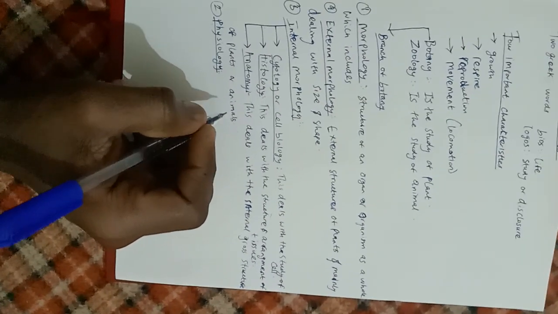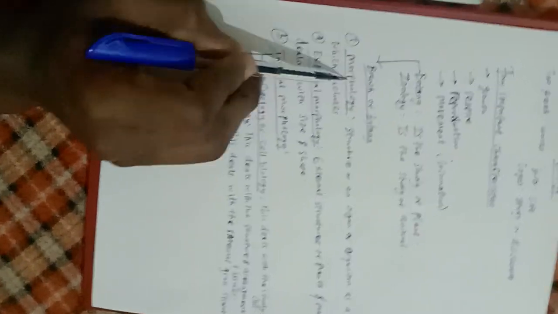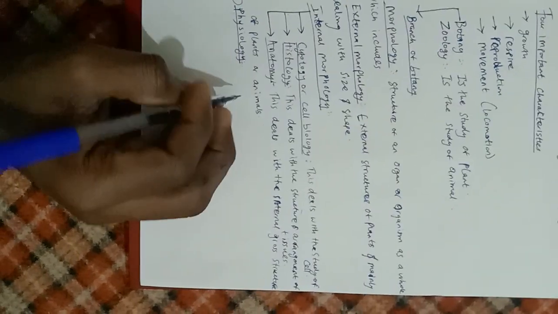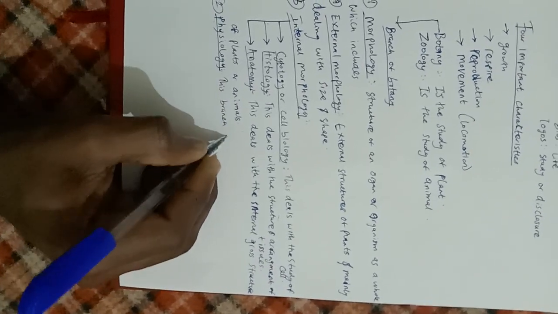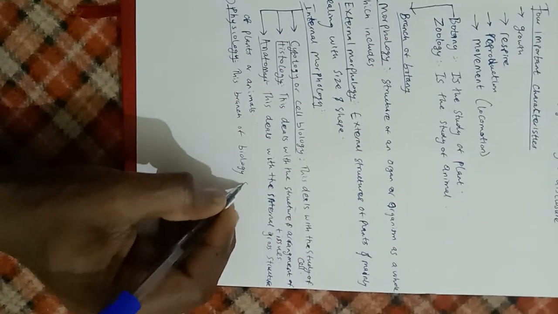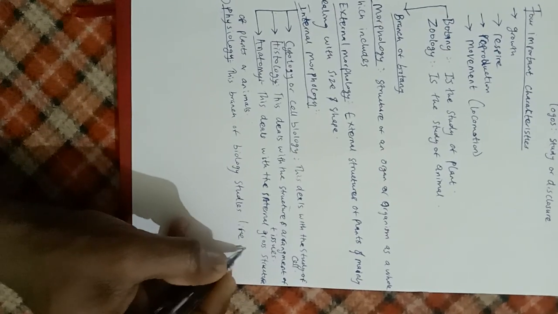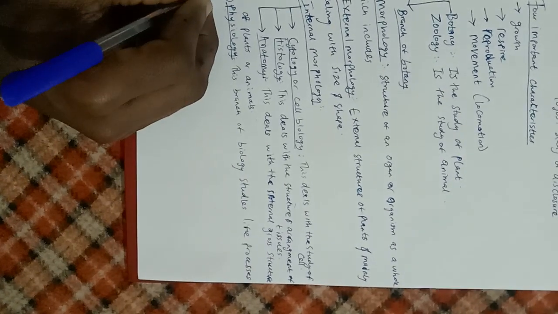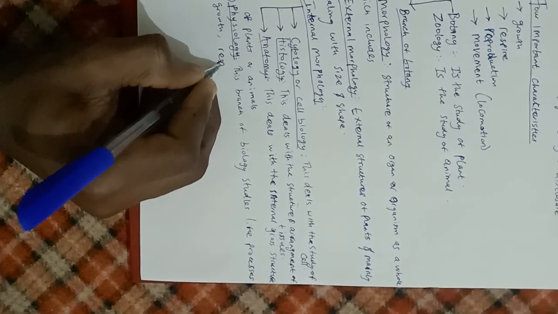Very good. So, guys, the next one: remember, we talked about number one, which is morphology, and number two, physiology. I explained it earlier. This branch of biology studies life processes, life processes of growth, respiration.